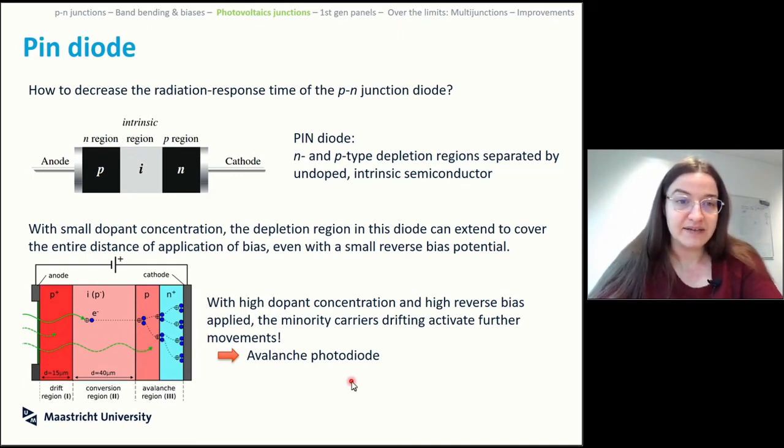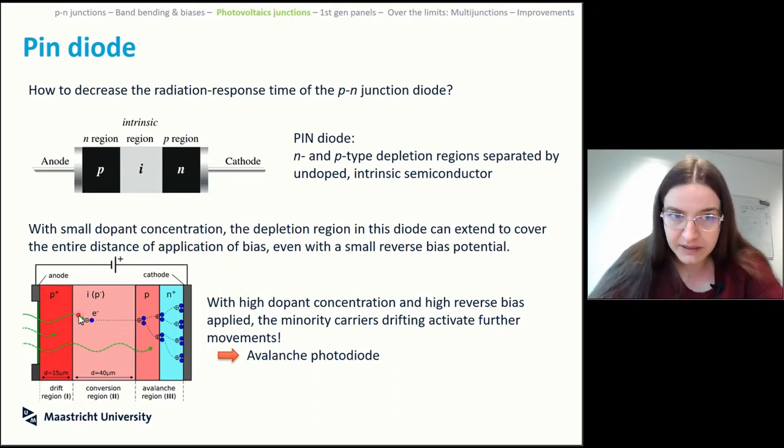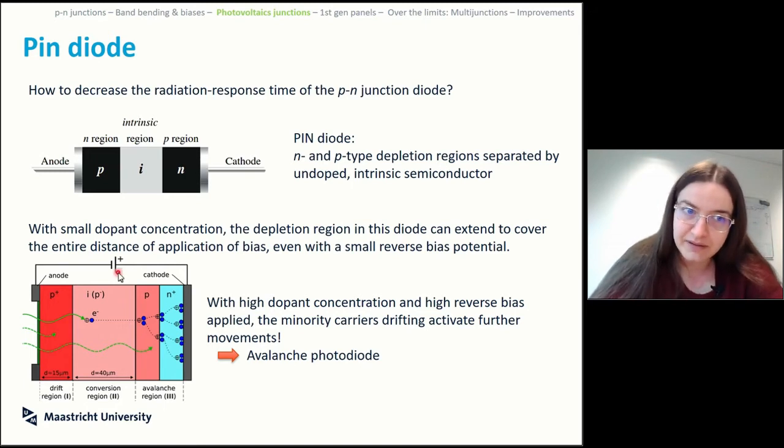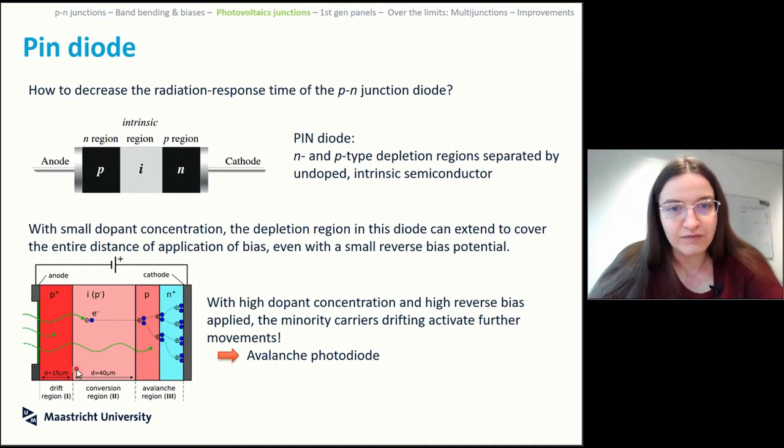you basically make a huge dopant concentration in your materials. So you could have an incredibly p-doped part, an incredibly n-doped part, a normal p-type, and something more intrinsic.